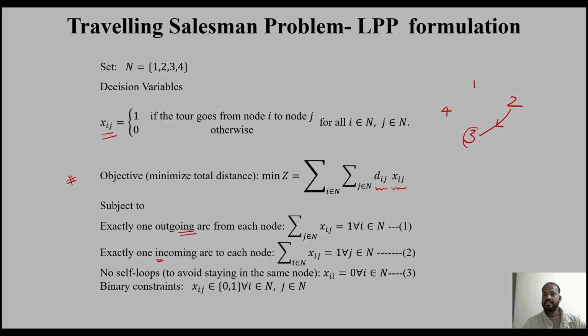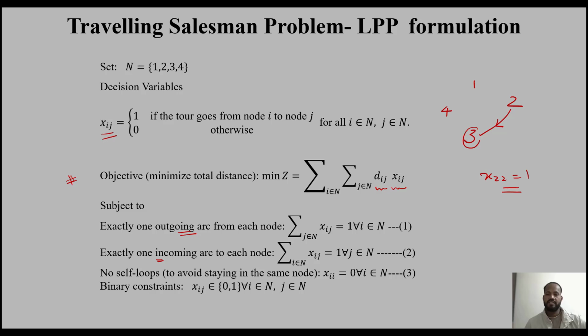As you can see, in city 3, only one arc will come in, from 2. It cannot happen that it is coming from 2 and also from 4. And no self loops are allowed. You cannot have x22 equal to 1 because the salesperson will not travel from 2 to 2. That is logically incorrect. So we have to make sure that these variables are equal to 0. And we have to make sure that the decision variables are binary. So this is how you define the variables.